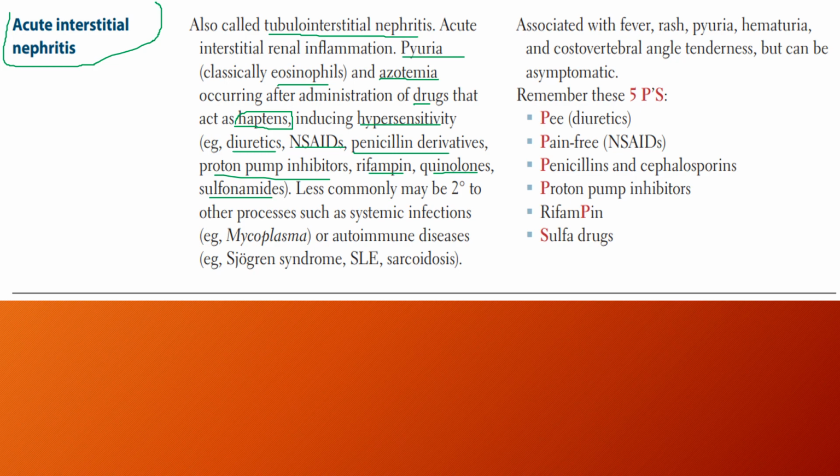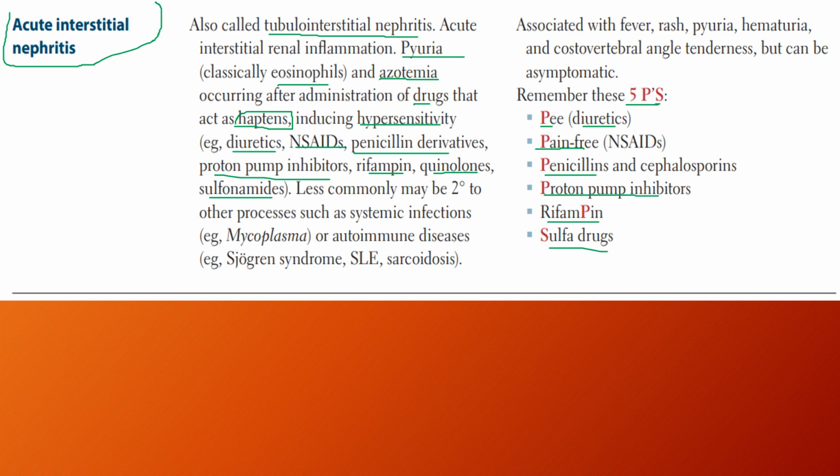You can remember these drugs by remembering 5 P's. P for diuretics, as you can see here, pain-free for NSAIDs, P for penicillin and cephalosporin, P for proton pump inhibitors, rifampin, and sulfa drugs.